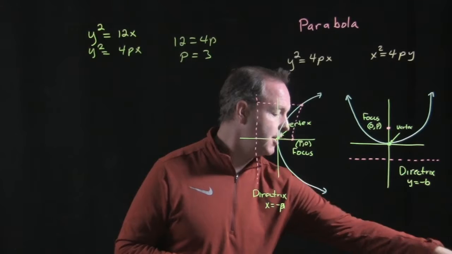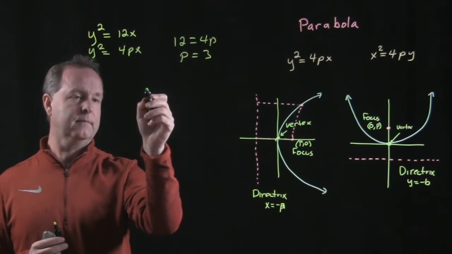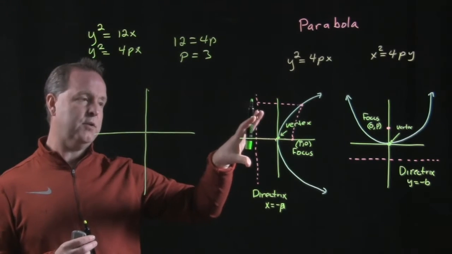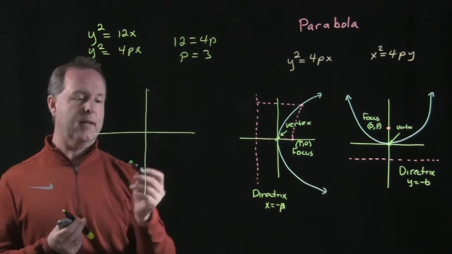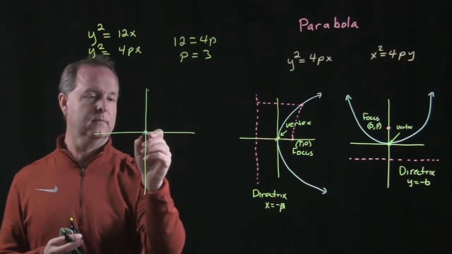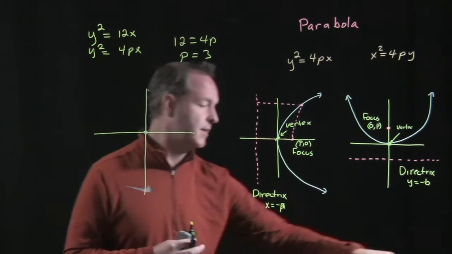Now we have some information here that will allow us to start to draw our graph. We know the graph will push out to the right. It goes through the origin. We have its focus at the point (3, 0).